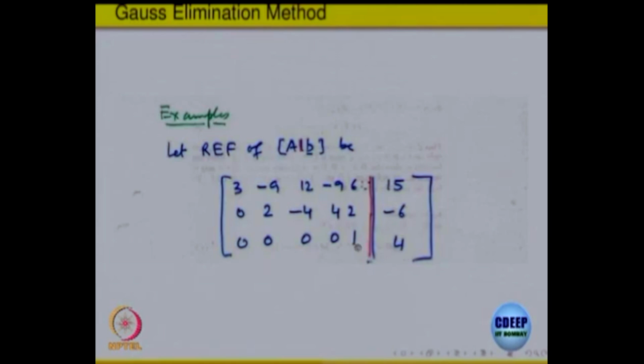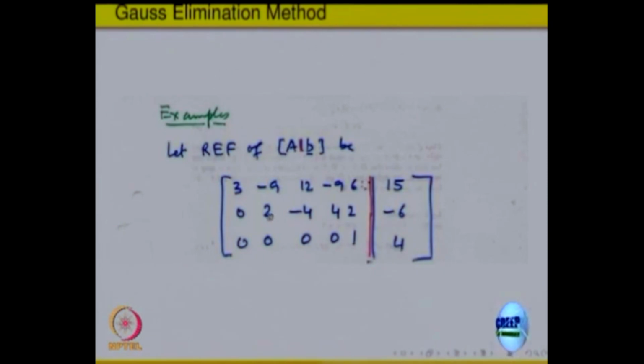So we get x5 = 4. Is the matrix multiplication okay? Keep in mind x1, x2, x3, x4, x5. The columns are coming from the variables. So what is this equation? This is x5 = 4.